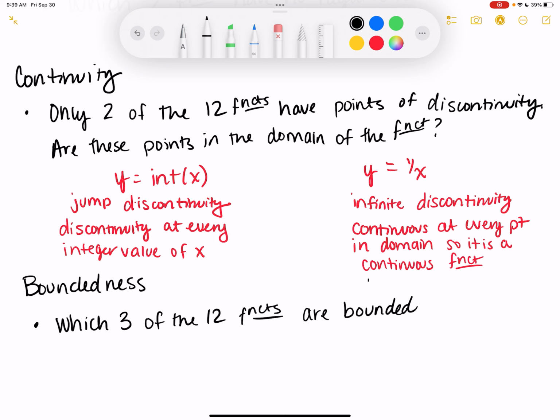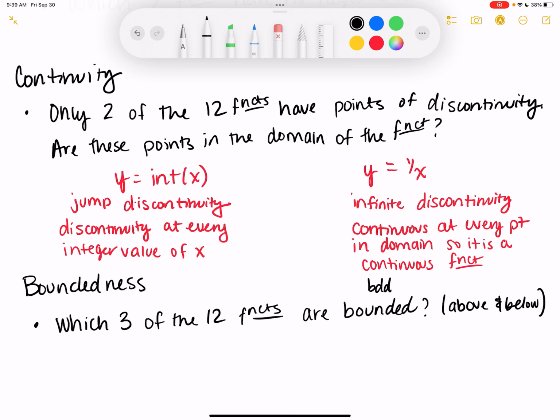Okay, just FYI, sometimes I will abbreviate bounded as BDD. So if you see that, that's why. That means above and below. So it means there's a point where they don't get any higher and there's a point where they can't get any lower. Okay? They just keep alternating back and forth.